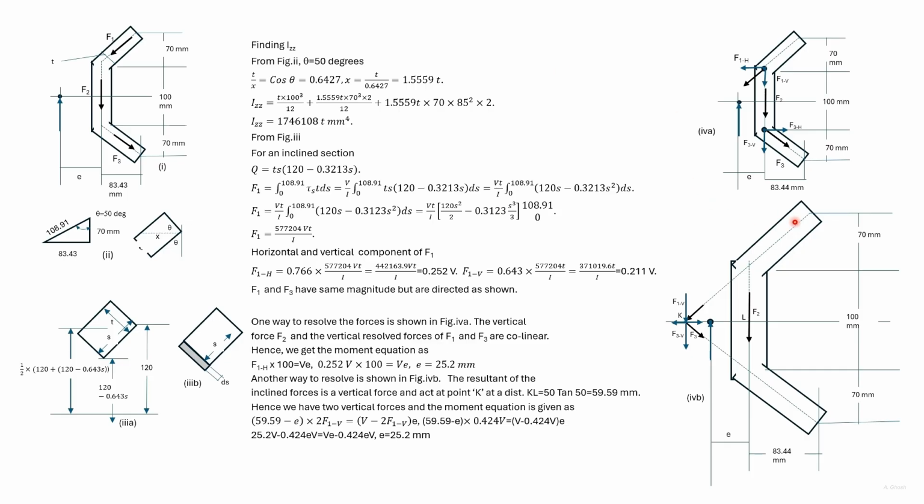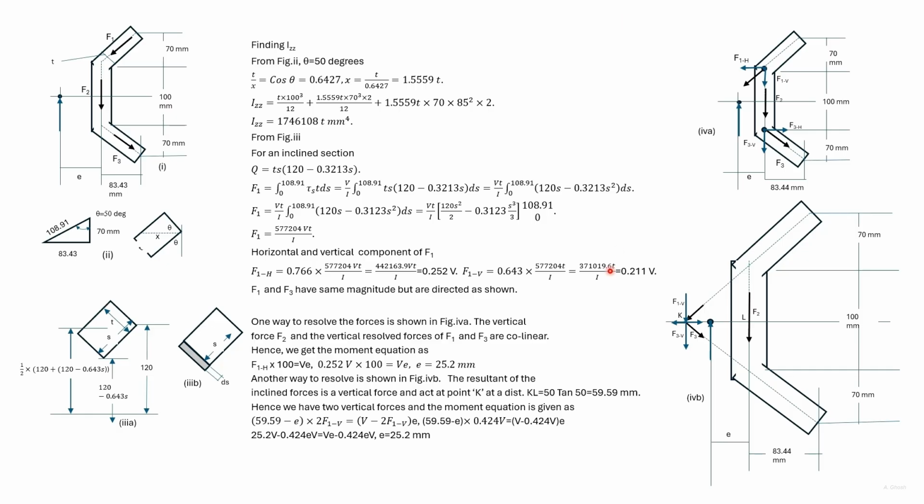Another way to solve the problem is to find the resultant of these two inclined forces. We resolve the inclined forces at this point. The horizontal forces cancel out and we are left with twice F1V. We can find the distance KL from geometry. This angle is 50 degrees and this distance is 50.